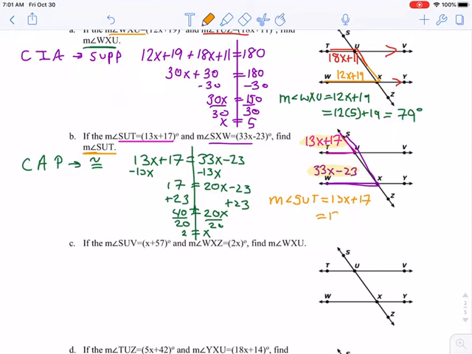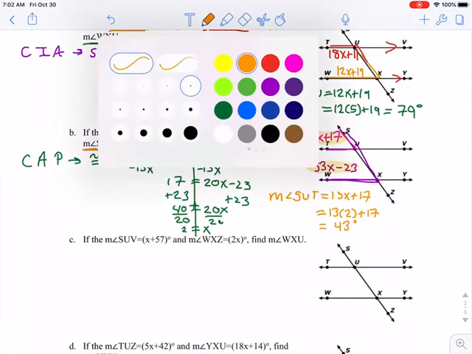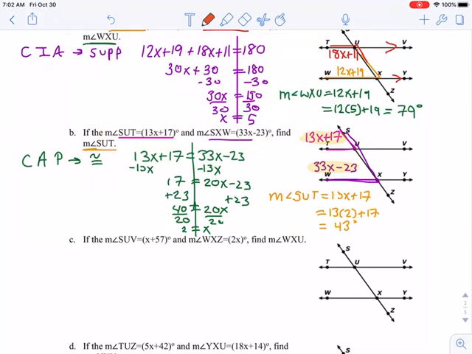We're going to get 13 times 2 plus 17. 26 plus 17 is 43 degrees. Let me double check. And it is. Wow. All right, so let's cruise right along.